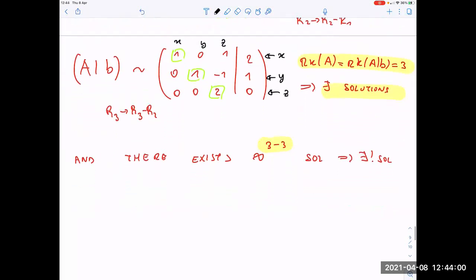So what do we get is that z must be 0, and then y minus z is equal 1, and x plus z is equal to. So I get that z is 0. I get that y is 0.